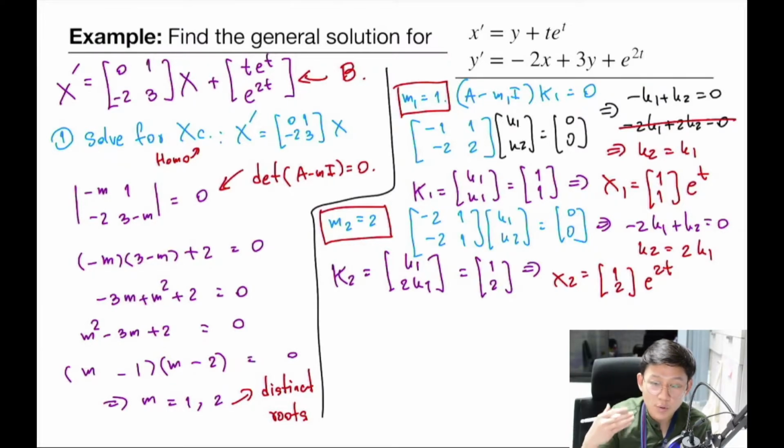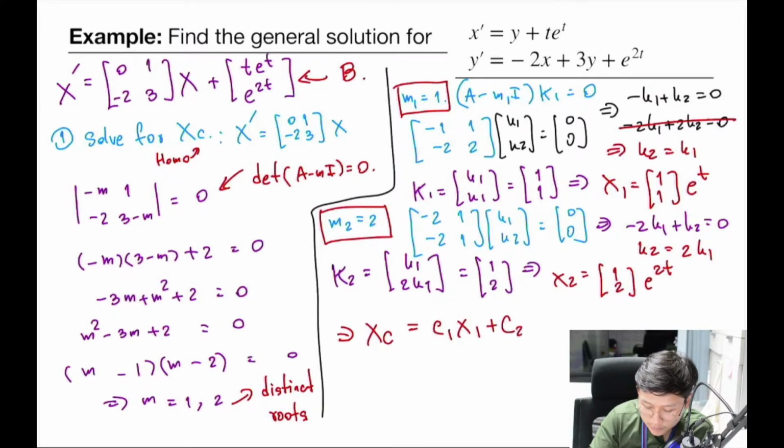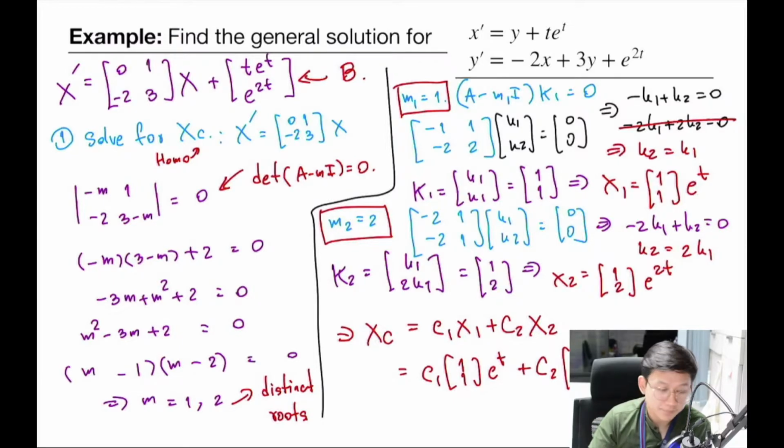Okay, right now we get x1, x2. So we know that our xc is actually c1x1 plus c2x2. Okay, that is our xc. So our xc would be c1 times x1, which is 1, 1 e to the t, plus c2 times 1, 2 e to the 2t.